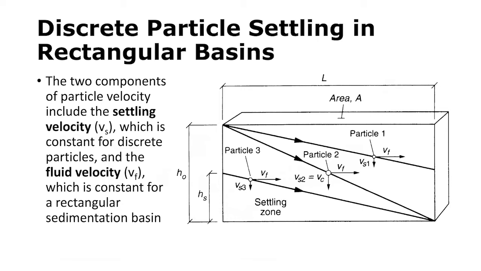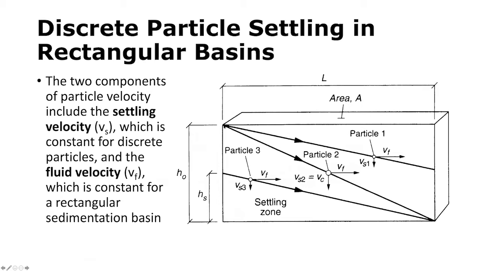So this is what discrete particle settling would look like in a rectangular basin. We've got two components of the particle velocity. The first is the settling velocity, which is constant for a discrete particle, and the second is the fluid velocity, which is constant for a rectangular sedimentation basin.